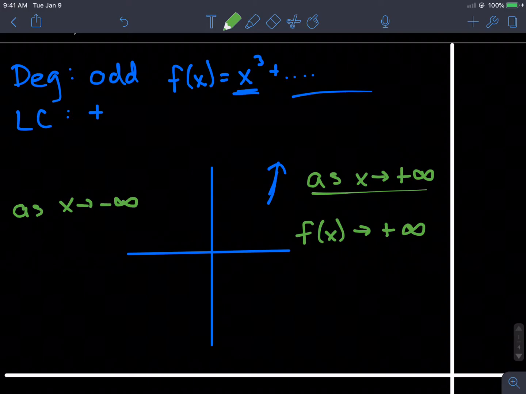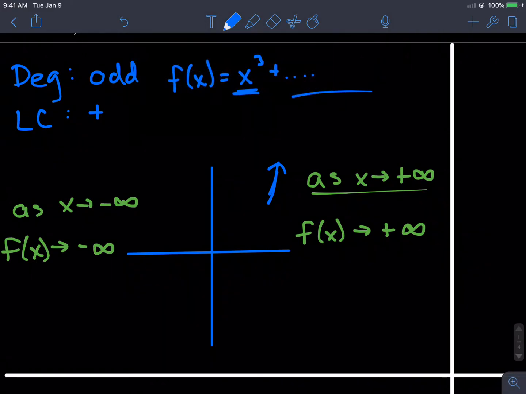Well, a negative number to an odd power is going to give us a negative number. So as x goes to negative infinity, f of x is going to go to negative infinity. So as we go out towards the left, the value of our function is also decreasing.